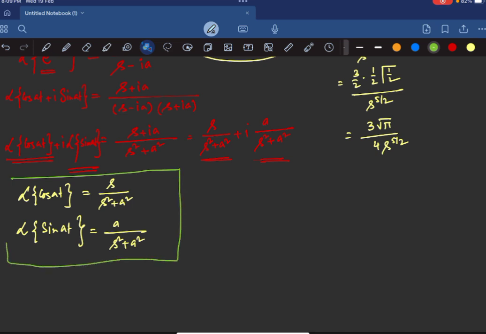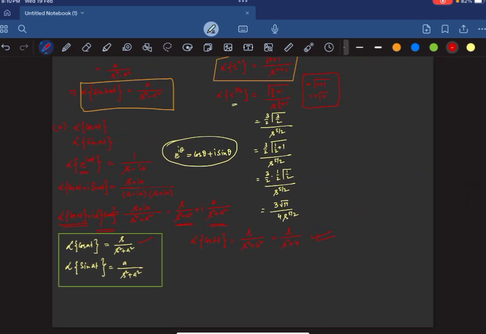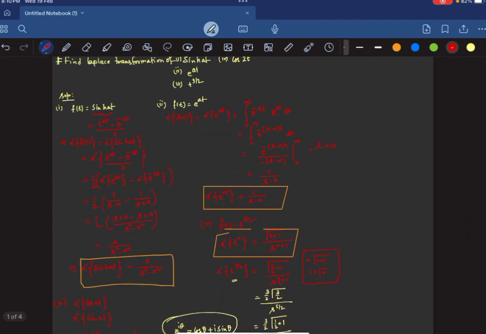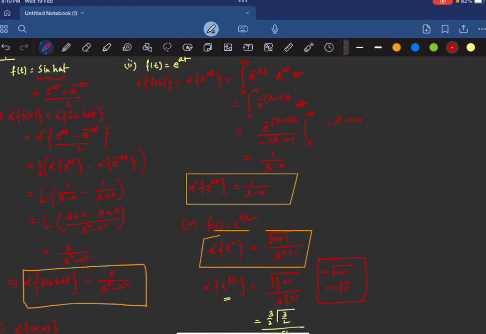Now based on this, the question was the Laplace transform of cos 2t. Just apply this formula: s over s squared plus 2 squared, that is s over s squared plus 4. This will be the answer. These boxed formulas you should know, and you will get all these formulas in the form of a table.